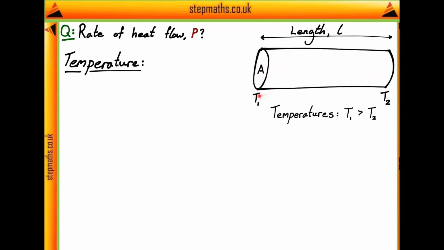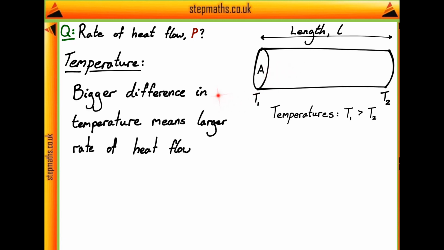Whereas if we had two temperatures the same, then we'd expect absolutely no heat flow whatsoever. So what this tells us is that we're looking at the difference in temperatures, and particularly that the bigger the difference in temperatures, the larger the rate of heat flow. So P is going to be proportional to the difference between our two temperatures.